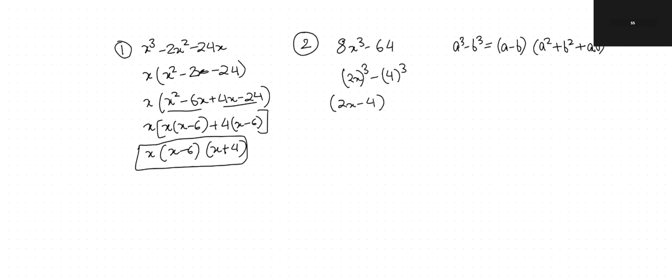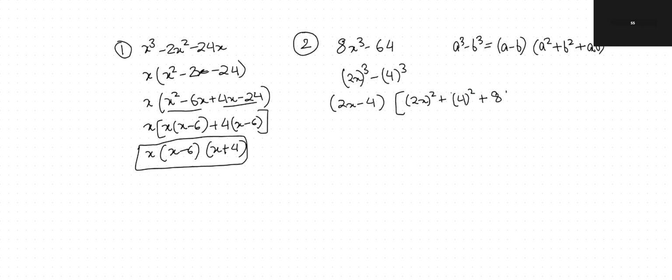Okay. And we could have taken 8 common out, factor out. That would also be easier. If you want to do this, we can do this also. This is a squared plus b squared. We'll use the a cube minus b cube formula. So 2x squared plus 4 squared plus a times b, so 8x.